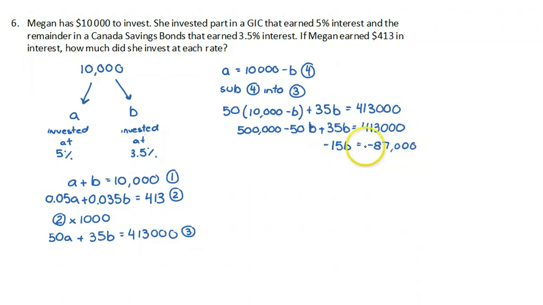And I feel good about that because they're both negatives, meaning that my B value will be positive, which makes sense. And so we get B equals 5,800. So that's how much money she's invested at 3.5%.